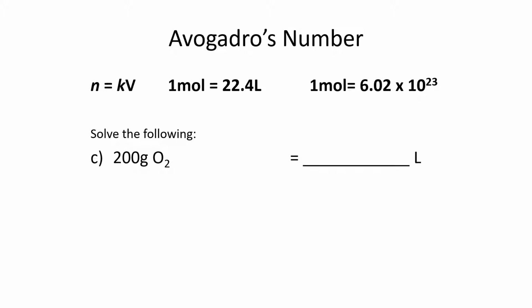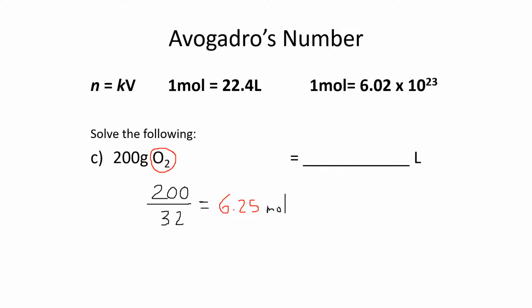Oxygen. Does the gas matter? Yes, because it's grams. Oxygen is 16, O2 is 32 grams per mole. So 200 grams of O2 gives us 6.25 moles.